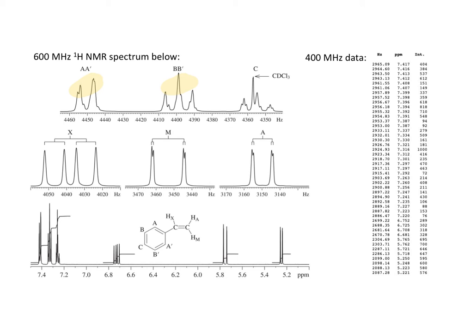However, the hydrogen C that is para to the alkene substituent has first order coupling, and it is a triplet of triplets, more easily viewed by a list of frequencies, which I found on a website, albeit at a different magnetic field strength.